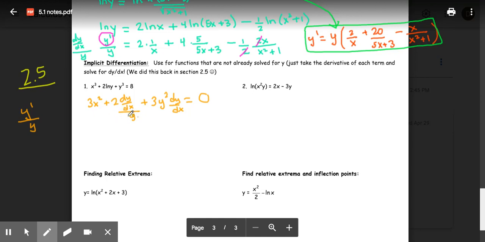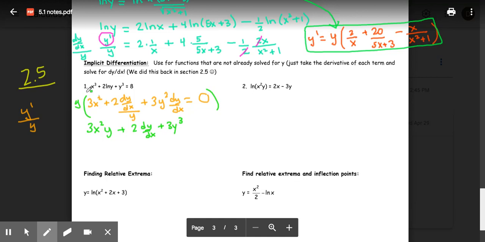Now, don't leave fractions, okay? Clear it right away. So we clear it by multiplying everything by y. So that gives you 3x squared y plus 2 dy over dx, because these y's will cancel, plus 3y cubed.